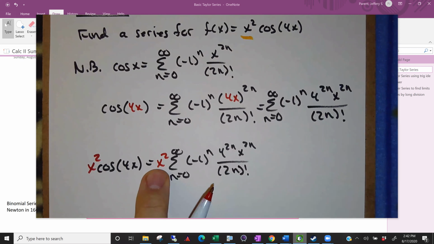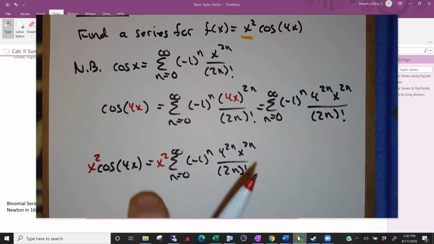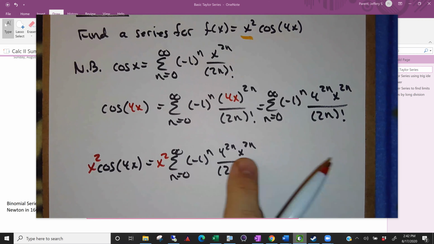But then I'm going to distribute that in. This is going to multiply each of the terms in my series. In particular, when I multiply x squared times x to the 2n, the exponents are going to add.